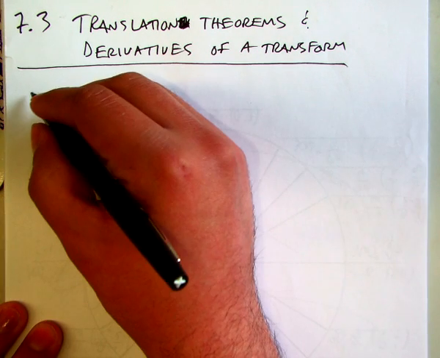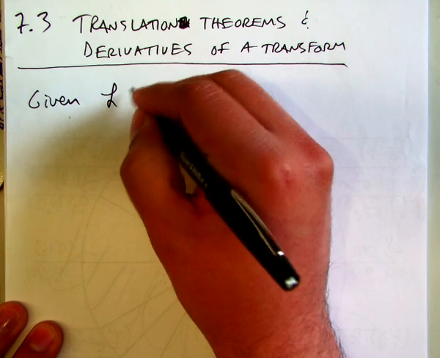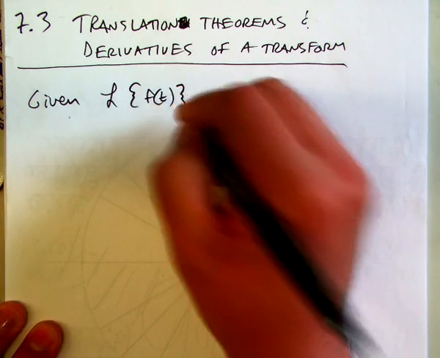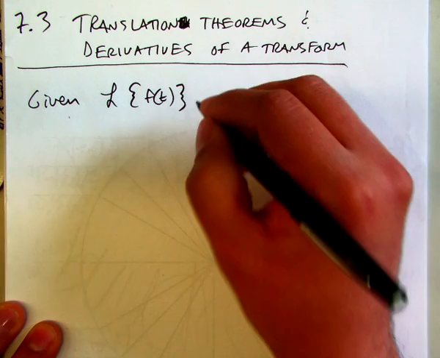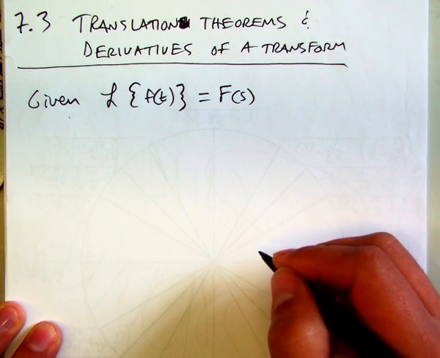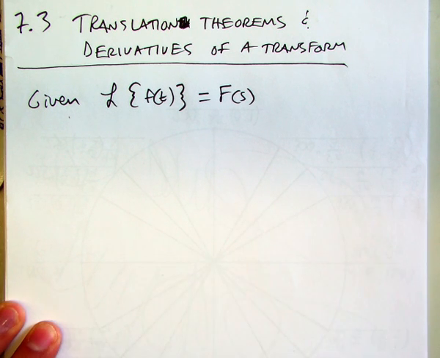So given, let's say, the Laplace transform of f of t equal to some function. Now we're going to start translating some of those, so at least now we have more options.